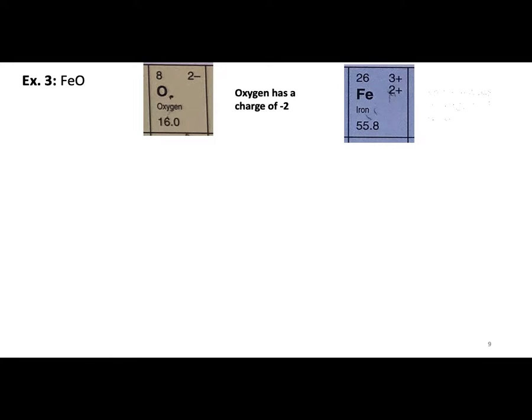Here's another example, iron oxide. Now actually we're going to write the name from the formula. Here's oxygen. Oxygen has a charge of -2. Here's iron. Iron could have a charge of +3 or +2. How do we know which iron ion is in FeO?